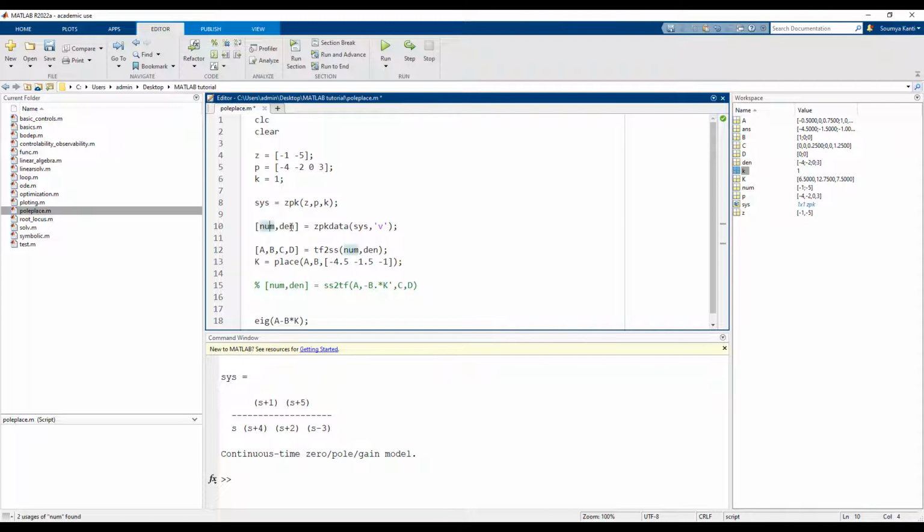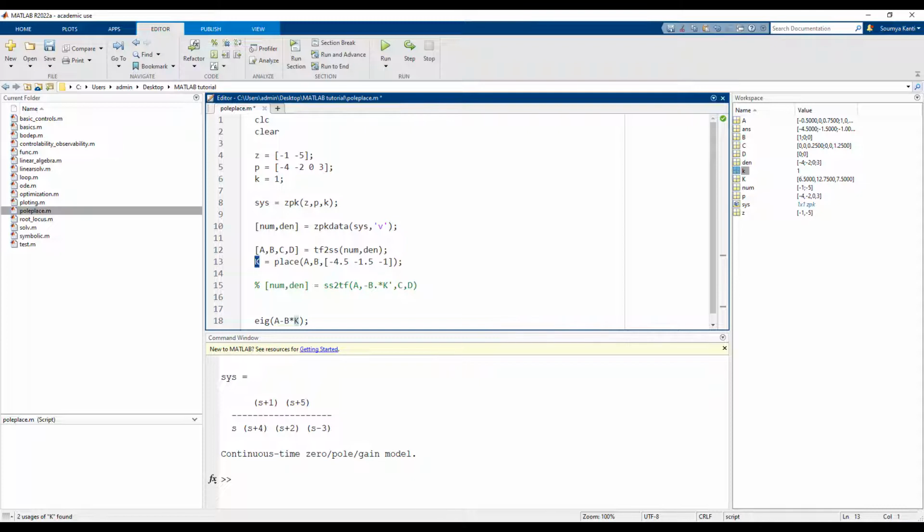So we get the numerator and denominator polynomial, and then we convert it to the state space model. Here we start from the zeros, poles and gain, convert it into the normal polynomial form of the transfer function, and then convert it to the ABCD matrices. Then you want to find out what K is. Remember, u equals minus Kx.